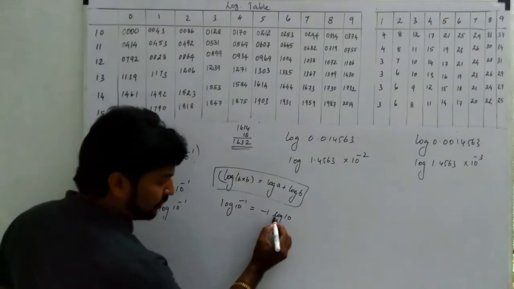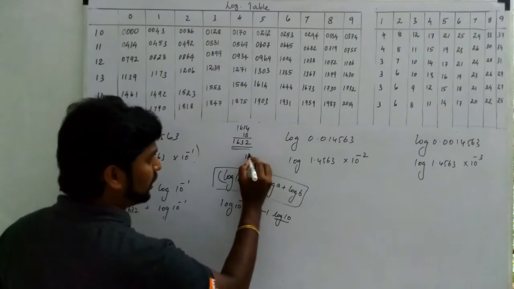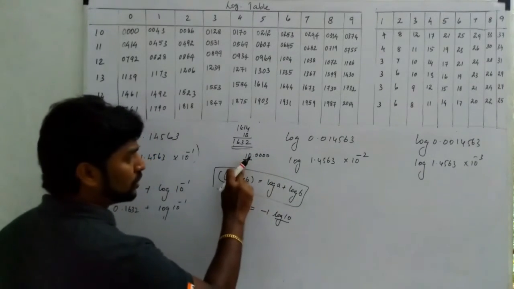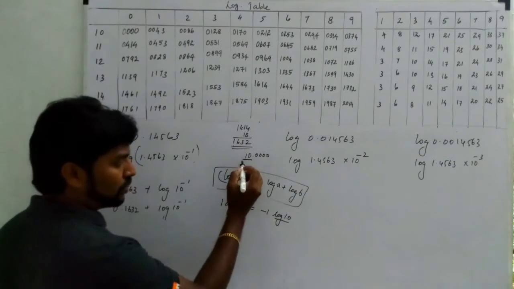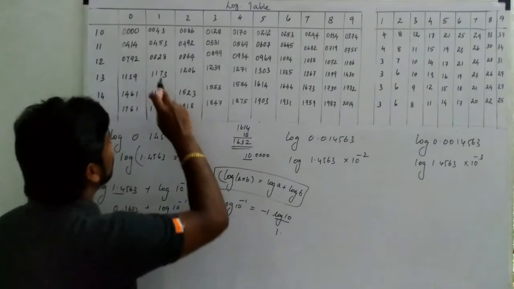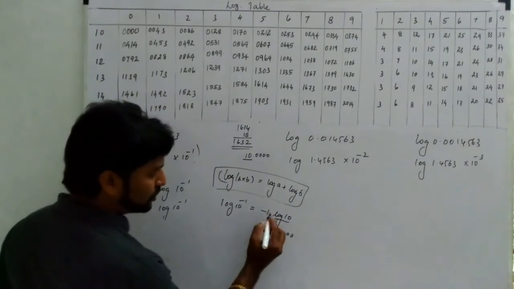Now take the value of log 10. Log 10 means the number 10, a 2 digit number, so the answer starts with 1 point, and the decimals are 0, 0, 0.